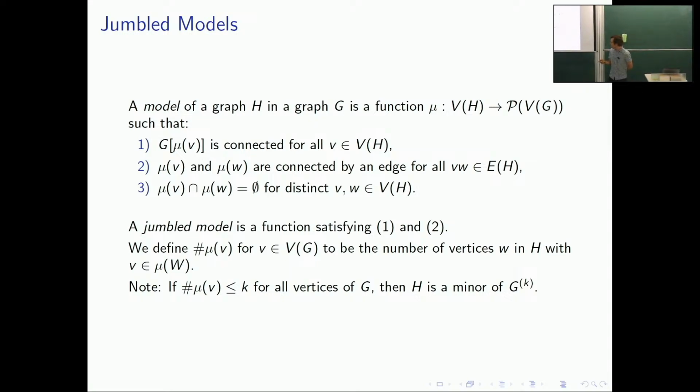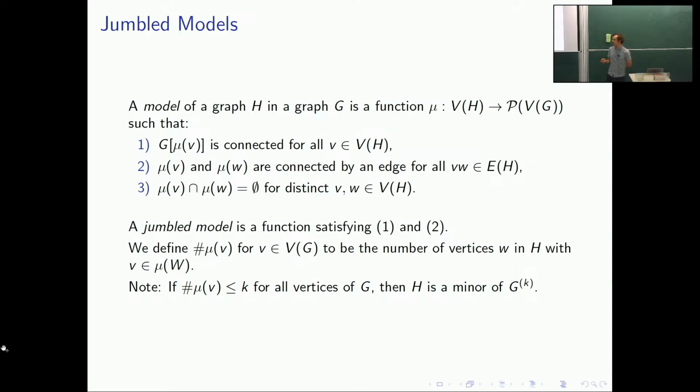So instead of forcing these bags to be disjoint, all we're going to do is record for each vertex of G how many bags contain that vertex. So we just keep track of how badly we went wrong in constructing the minor, basically. One thing to observe is that if this discrepancy is less than k for all vertices of the graph G, then H is actually a minor of this blow-up.